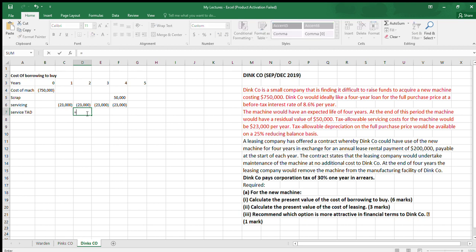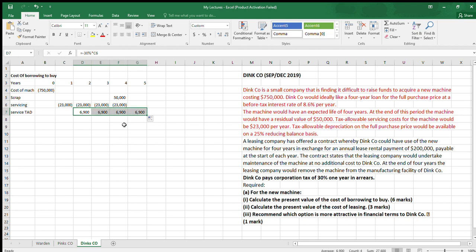So 30% multiplying the year 1 figure, not the year 2 figure, because it is the year 1 figure that you are paying the tax on in year 2. But this is supposed to be positive, so you negate it again to give you a positive figure. Then you drag it to year 5.